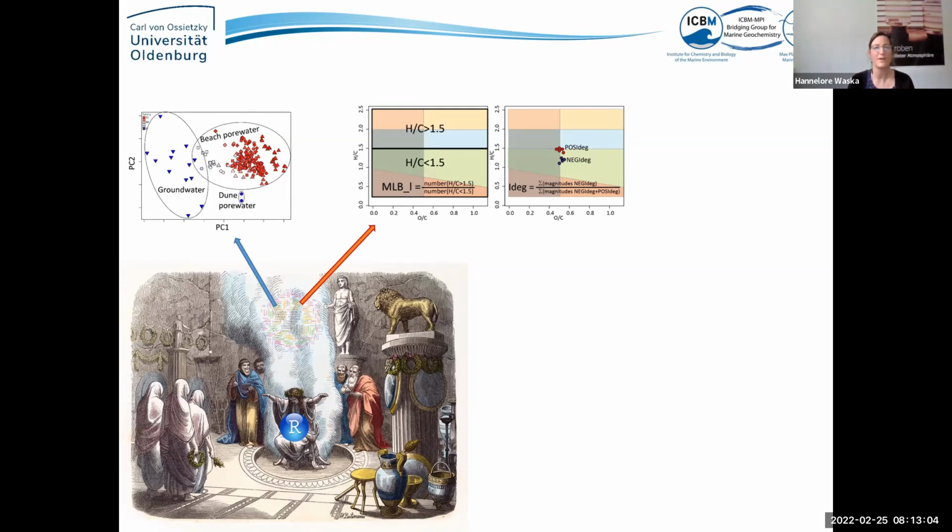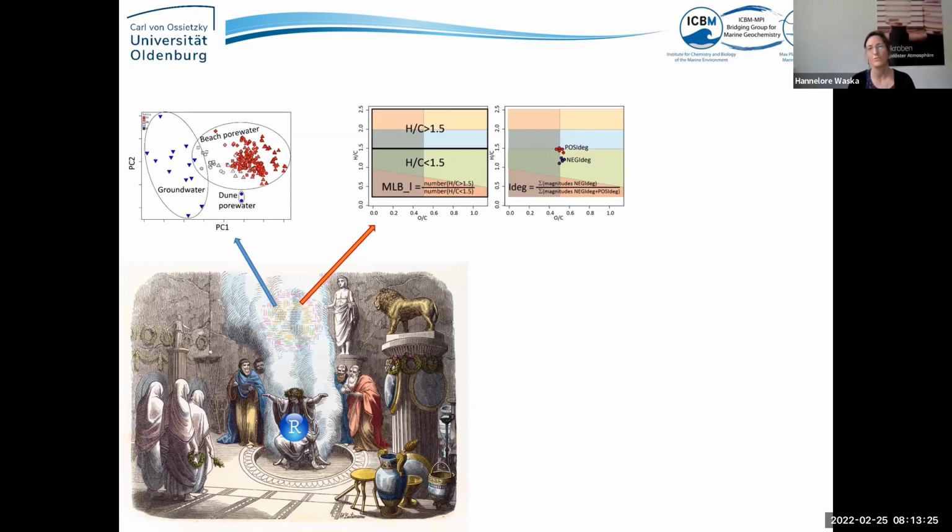Two examples are the molecular lability boundary, which is here on the left. So it basically operationally defines a boundary between an H/C ratio, hydrogen to carbon ratio, below 1.5 and above 1.5. And it says the ratio of these two groups will define how labile my sample is.